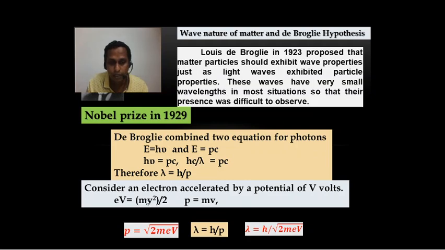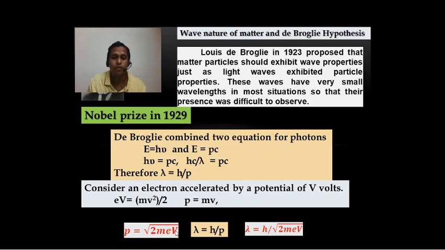We can multiply with m and divide by m, so m square v square divided by 2m, that is half mv square itself. m square v square is equal to p square itself. So we can write p square is equal to 2meV, or p is equal to square root of 2meV.